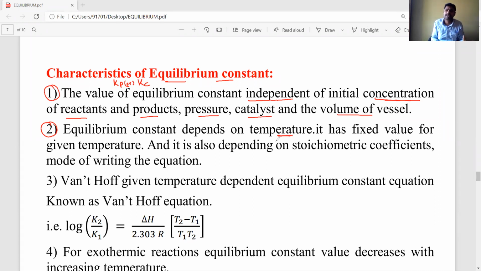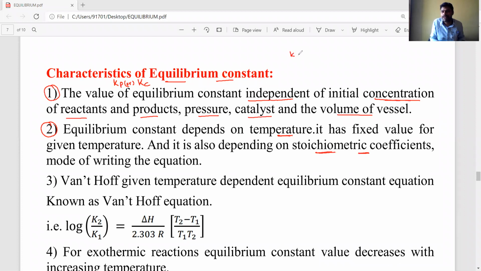That's why the equilibrium constant depends on temperature, and it also depends on the stoichiometric coefficients or the mode of writing the balanced equation. Stoichiometric coefficients are important because of the Kc or Kp formula.